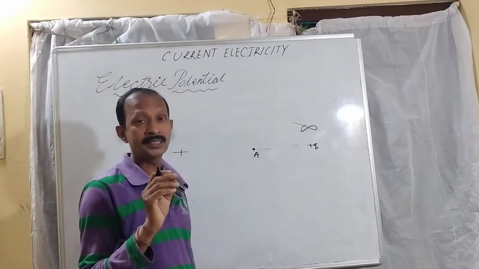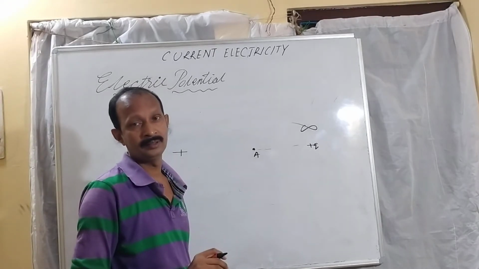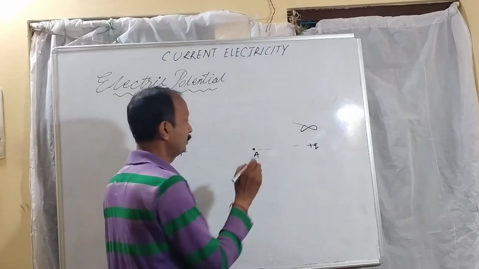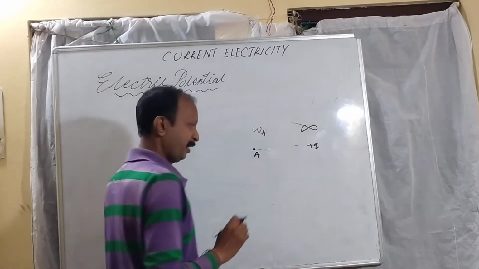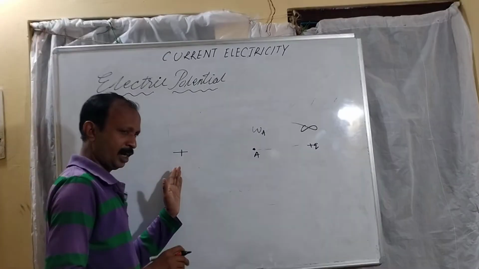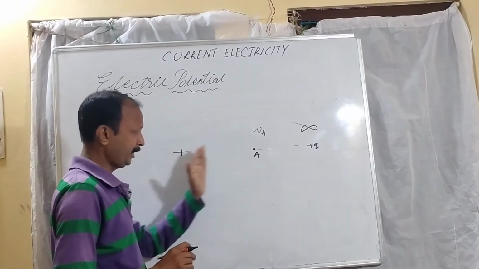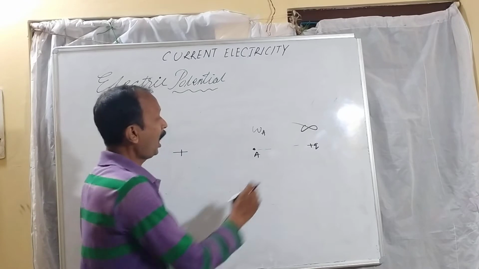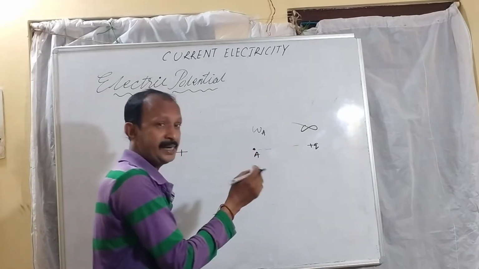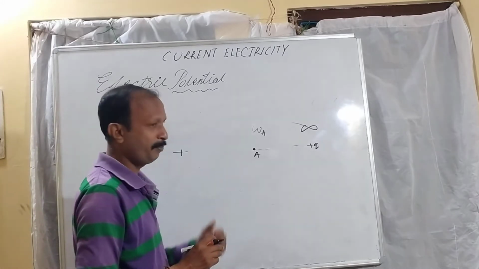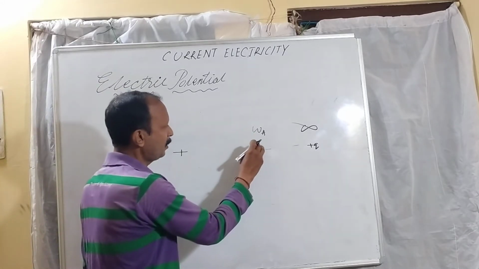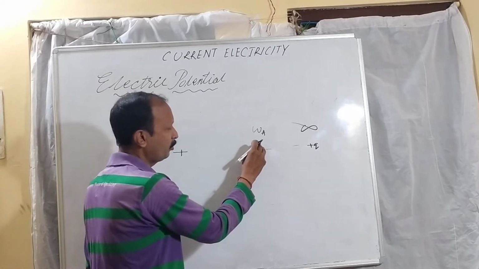definitely I shall do some work. You can see that some work is done here. Because this is a positive charge particle, definitely it will repel it. I have to bring this particle against this positively charged particle, against this repulsive force. Suppose at this place, if I leave it, what will happen?